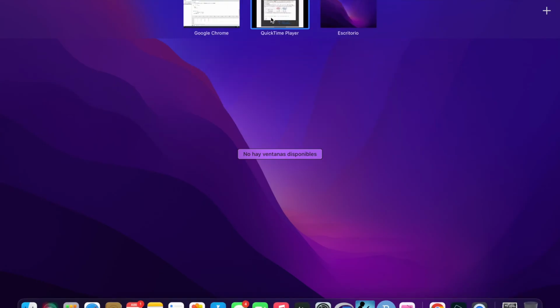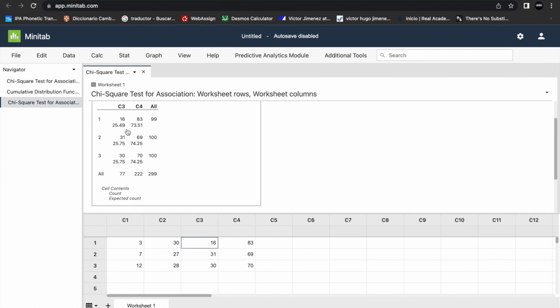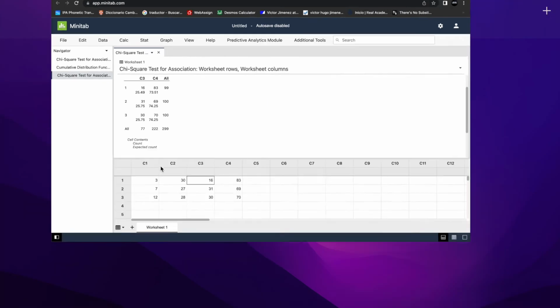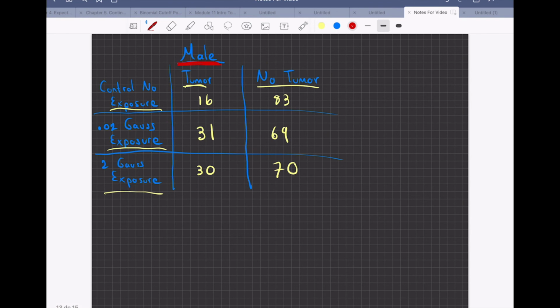Remember, we need to have each expected count greater or equal than 5. So yes, it is true, right? So yes. This is for male.